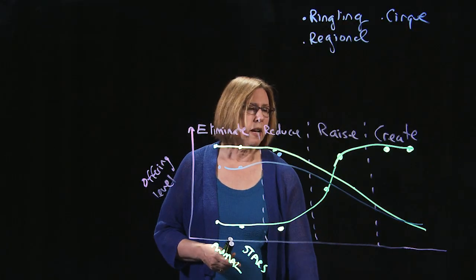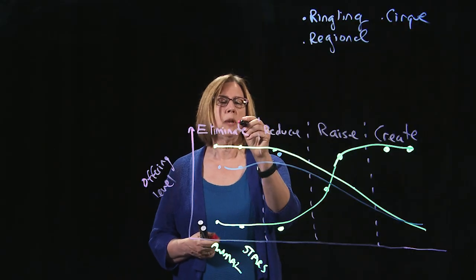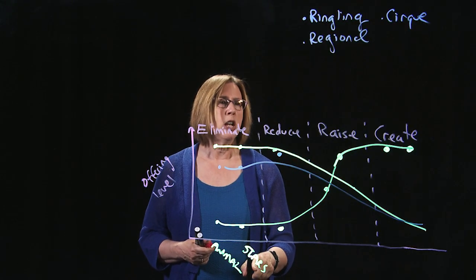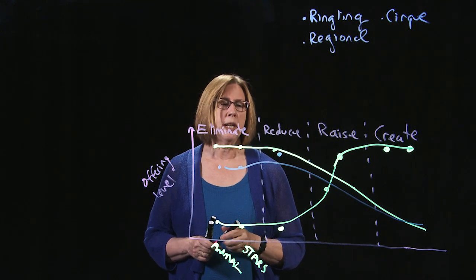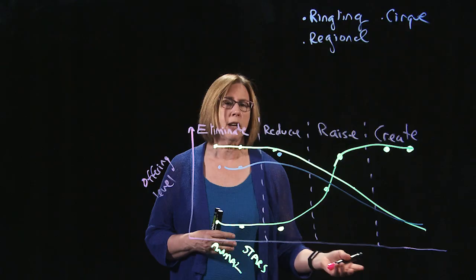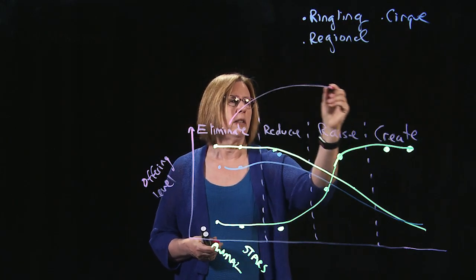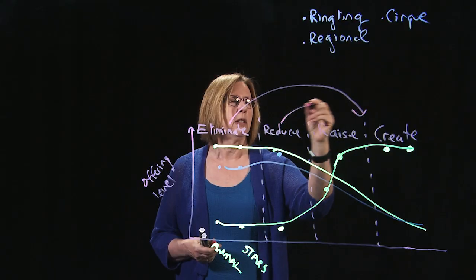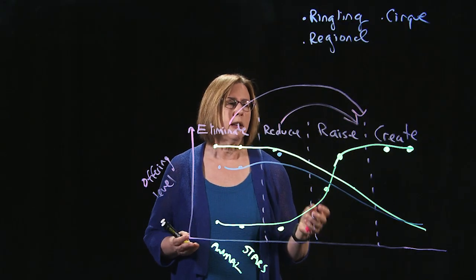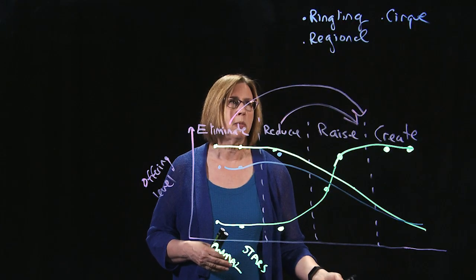And then the question becomes the 2 places where you are redirecting resources. You got rid of animals, you got rid of stars. So you now have resources to devote to other features that may matter to your customers. So by eliminating and reducing, you're able to create a new offering that raises and creates other features that matter a lot to your customer.